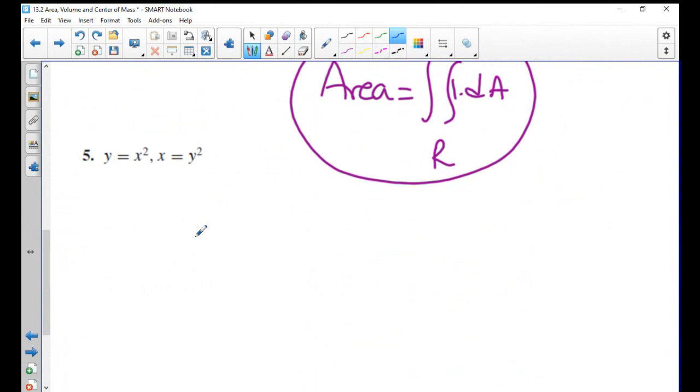This time you have y equal x squared and x equal y squared.